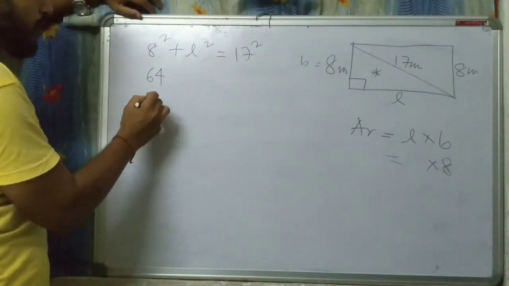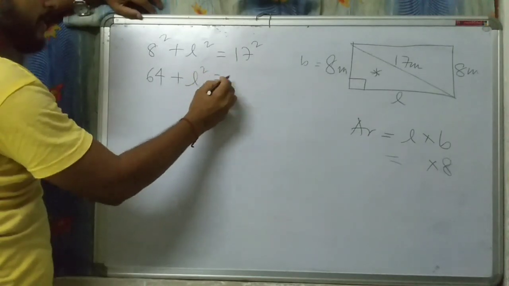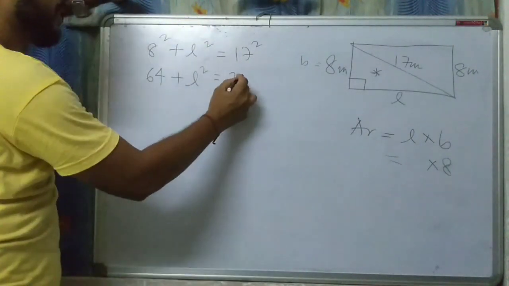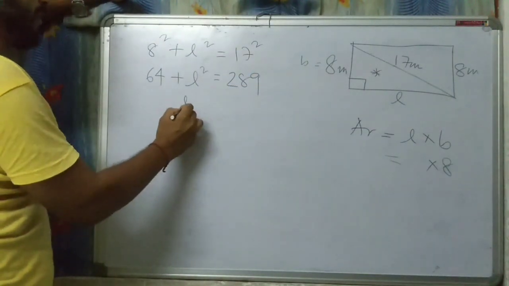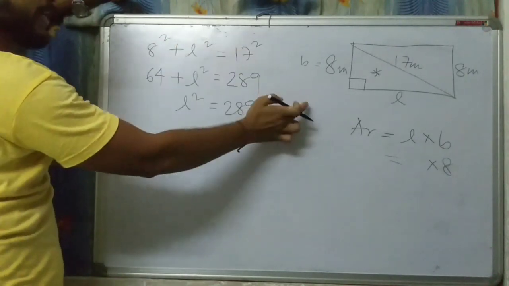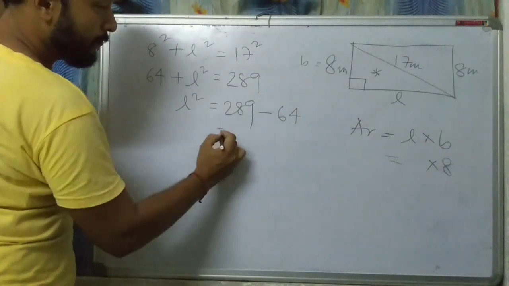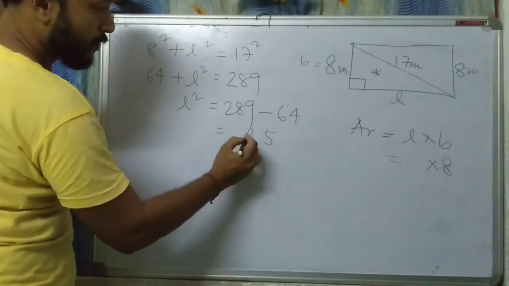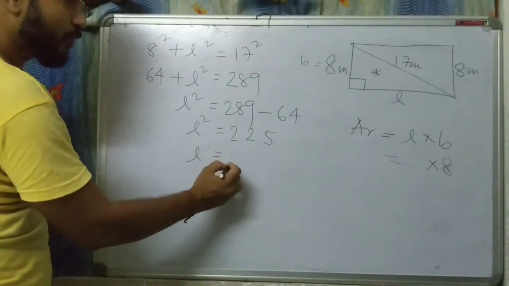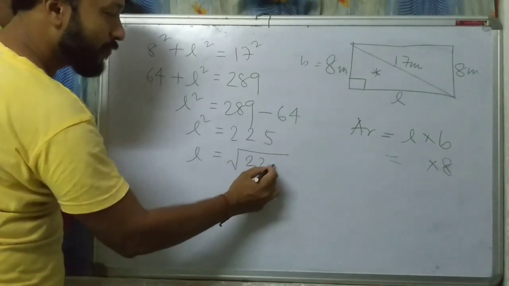So this is 64 plus l square, and 17 square means 289. So l square equals 289 minus 64, 64 is going to that side. 225, that is l square. So l equals root over 225.